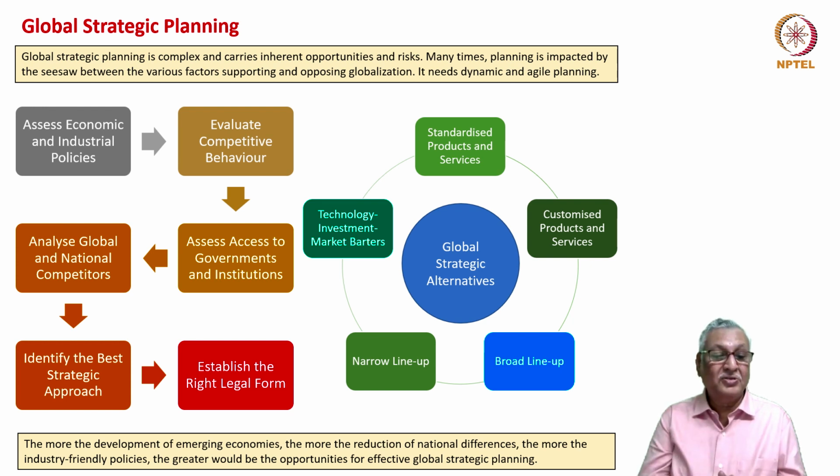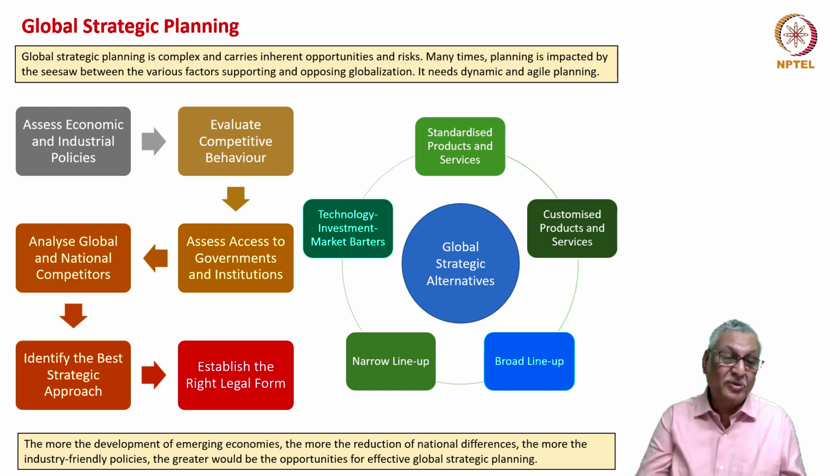After all this analysis, we need to identify the best strategic approach and establish the right legal entity and the form by which you can do the business in India. And that could be in the form of 100% subsidiary, equal subsidiary, minority subsidiary, just a strategic alliance, or a partnership.